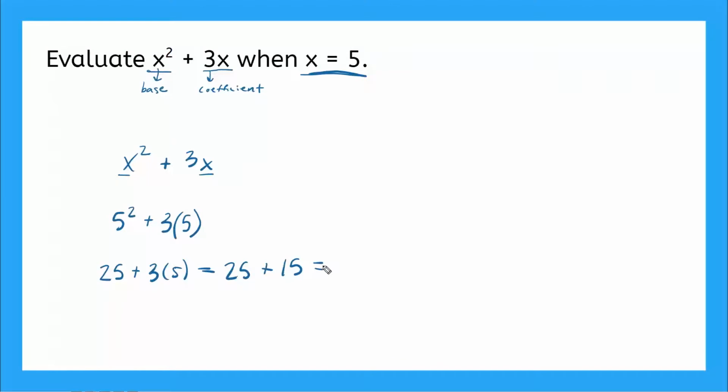And now if I do my addition, 25 plus 15, remember I can think 25 plus 10, that'd give me 35, plus my other 5 is 40. And there we go. So 40 is the answer to this expression when we evaluate for the given value, x is equal to 5.